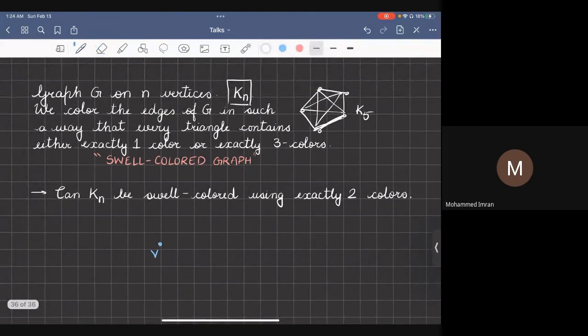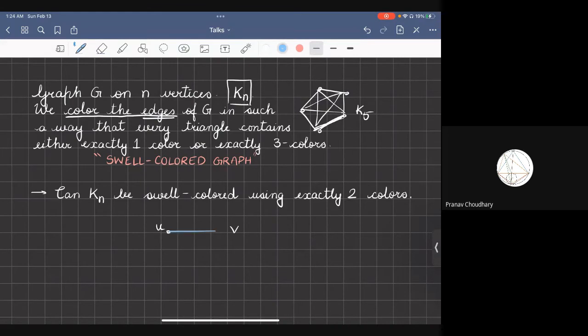Okay, so note that we're coloring the edges. I should emphasize this. We're not coloring the vertices, so it doesn't make sense to say that the vertex is blue. We're coloring the edges, remember? So we can take one edge, let's say UV is the edge, and let's say it's blue.